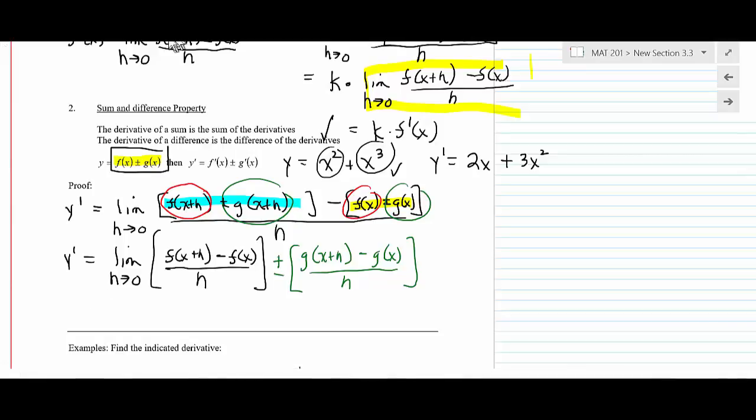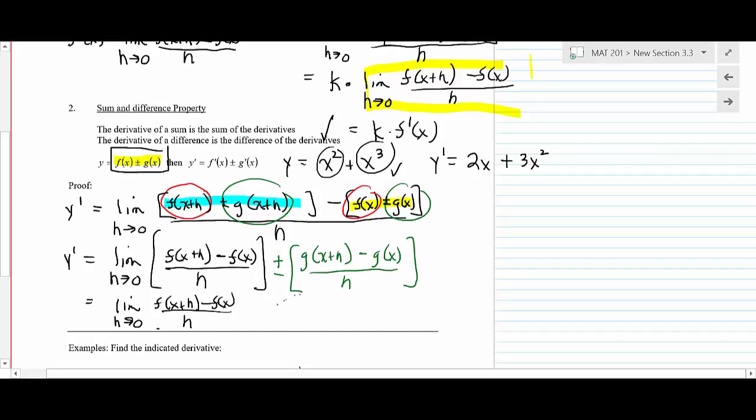So we would write this as the limit as h goes to 0 of, and you don't have to put that bracket there really, f of x, whoops, not doing that right. So I need to write this like this. So we're going to do the limit of f of x plus h minus f of x over h, like that.